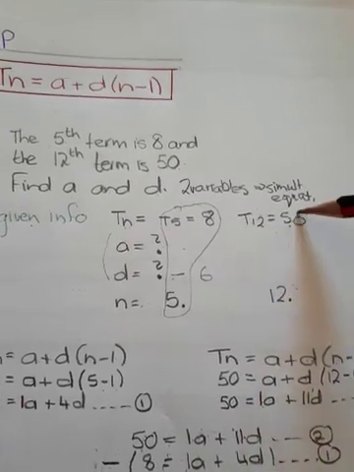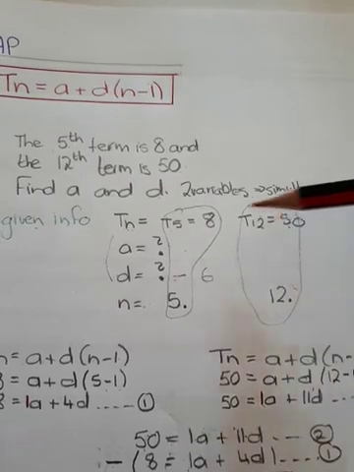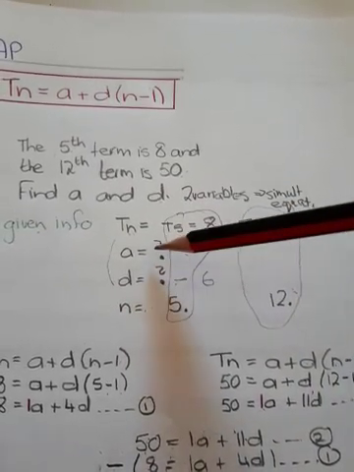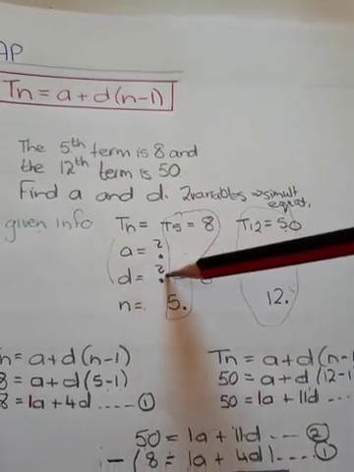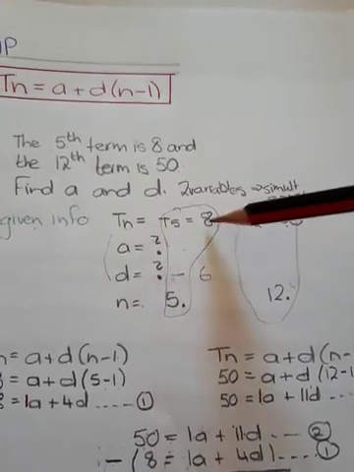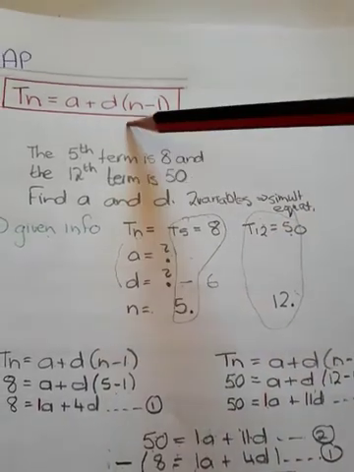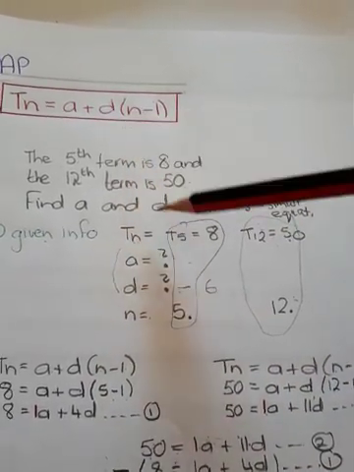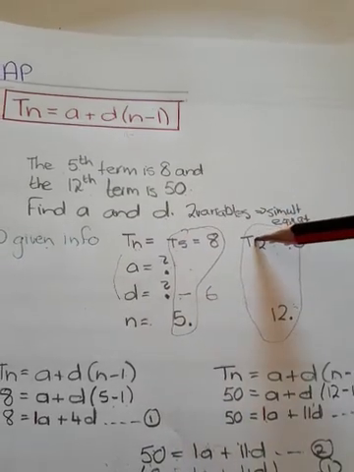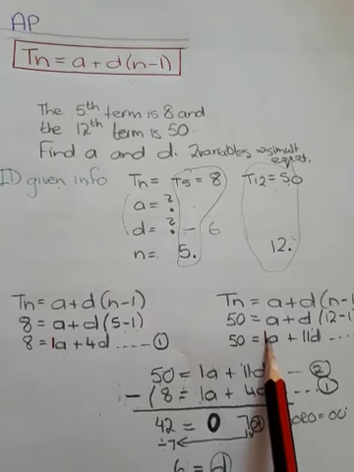So immediately, people, you should recognize the simultaneous equations because you've got two different variables. Both of them are asked, okay? And you've got two different equations for the arithmetic progression. You've got T5 and you've got T12. So you will write your equations in each case.